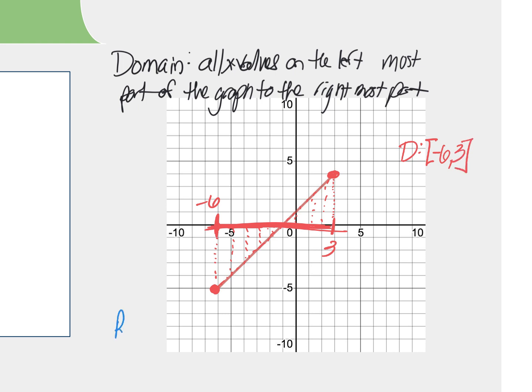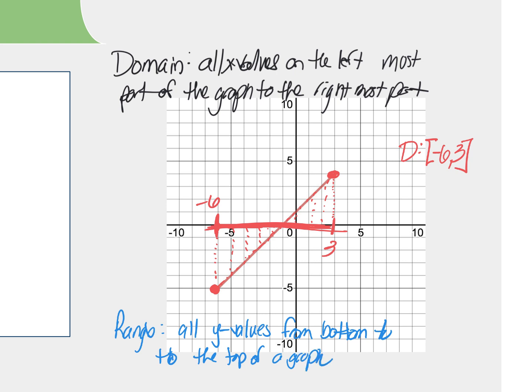Range, on the other hand, is a similar concept, but the only difference is it's all y values from the bottom to the top of the graph. Now with that, if I look down here, from the lowest coordinate, you can see it starts at -5.